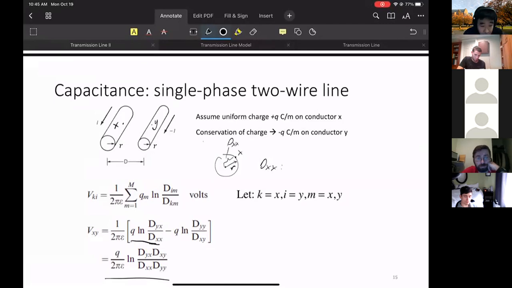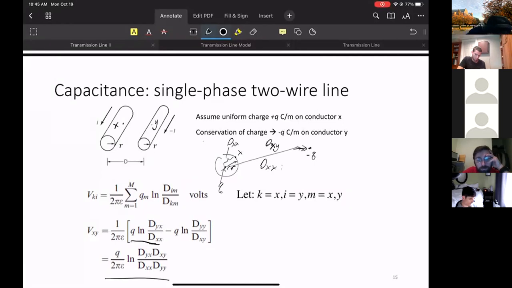This distance, dxx, is how far I am away from this charge q. Then I have another charge here, minus q, and the distance between them is dxy, how far they are away from each other.